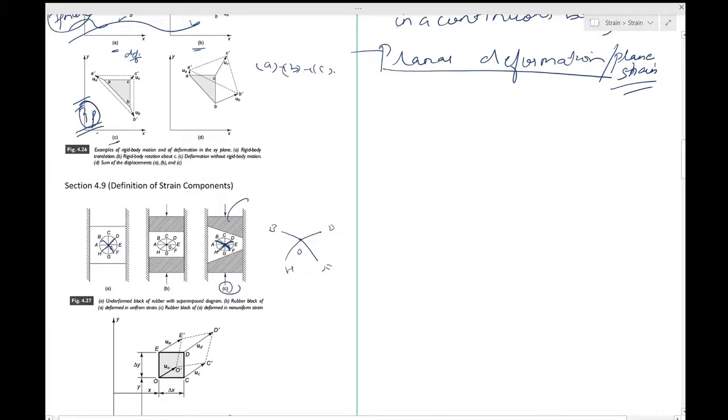Now we want to not leave this case out, this non-uniform strain. So what do we do with it? We say, well, for a region which is close to O, let's say this region, in this region this curve can be replaced by a tangent line, and similarly this curve can be replaced by a tangent line. This is something which you have already done.